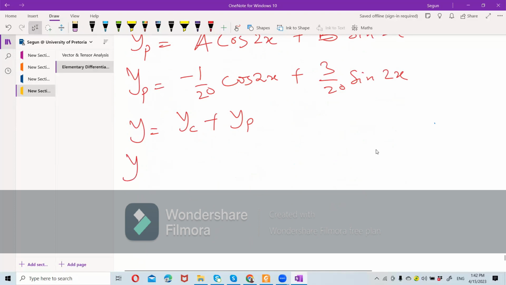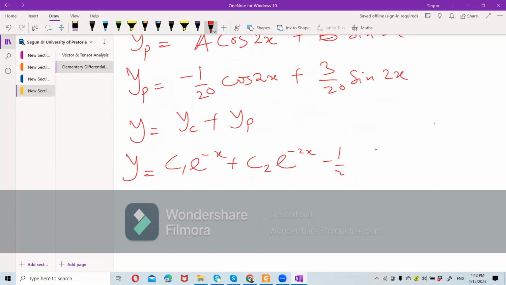So you have Y equals to YC is what? Anybody, YC? C1 exponential minus x plus C2 exponential minus 2x.